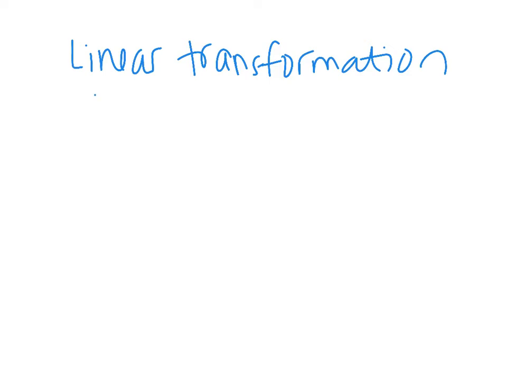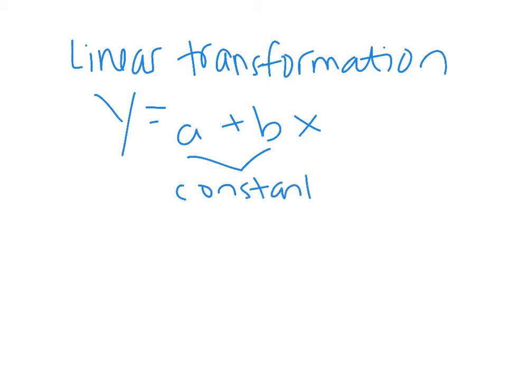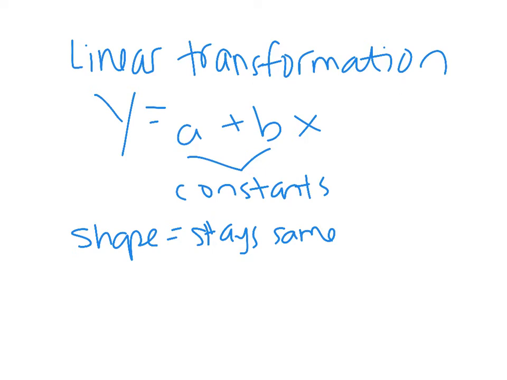We write that out as Y equals a plus bX, where both a and b are constants. This applies to both discrete as well as continuous variables. And what happens here when we do this is our shape stays the same. Noticing a theme here, shape always stays the same, as long as b is greater than 0.